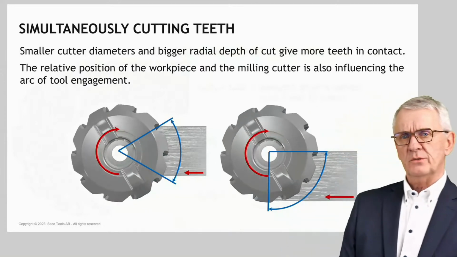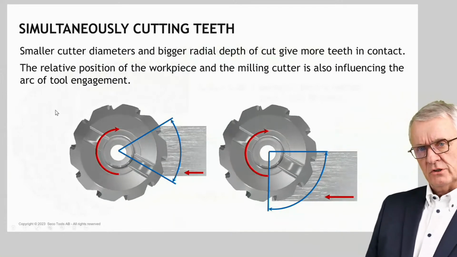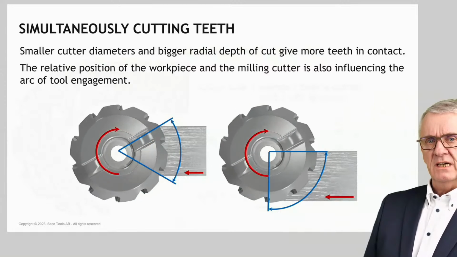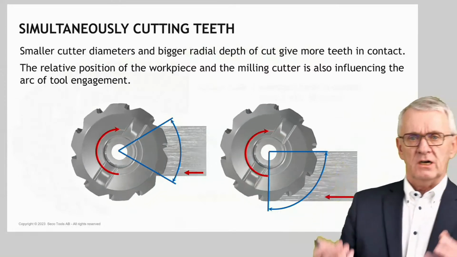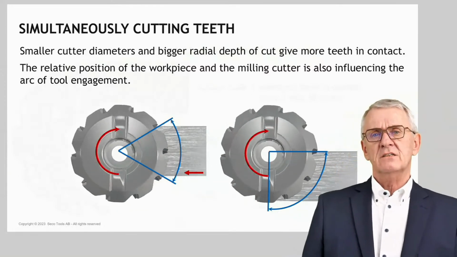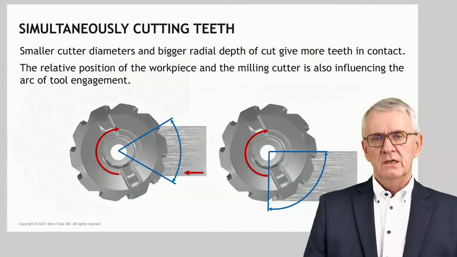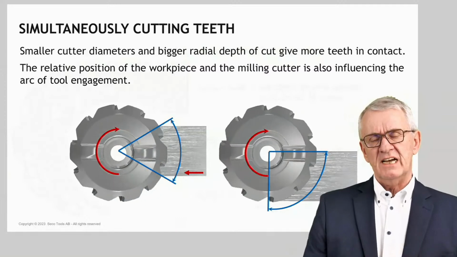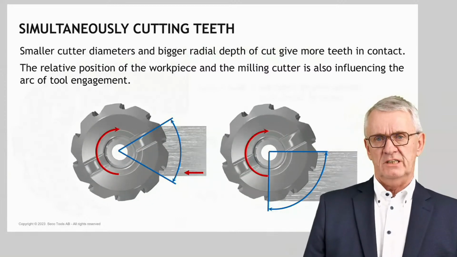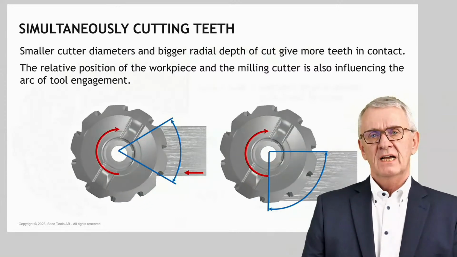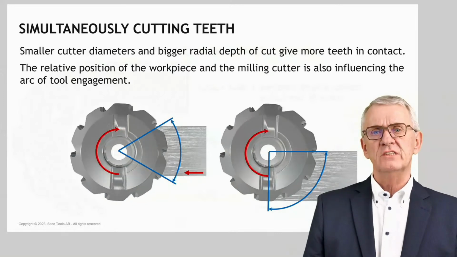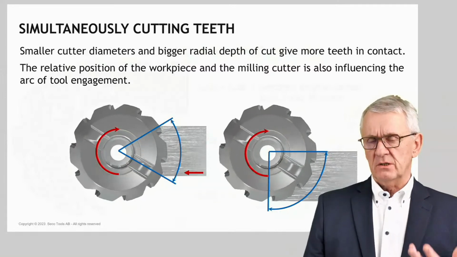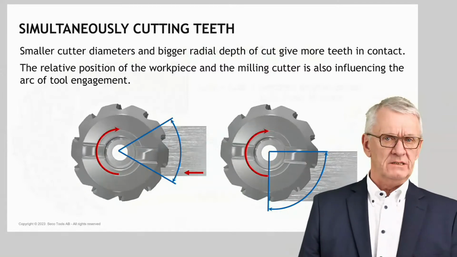But if you put a workpiece more and more sidewards, up or down milling doesn't really matter here, you see that, kind of free of charge, the arc of engagement increases. So by moving a workpiece sidewards, you create a situation that more teeth will cut at the same time, simultaneously, which means that the milling cutter cuts more in balance.